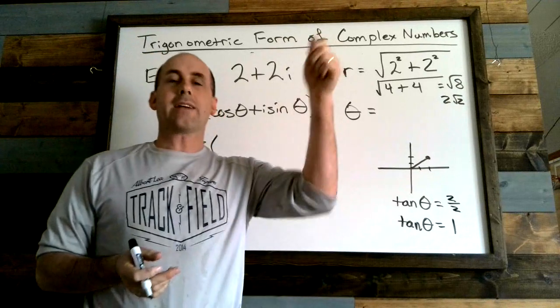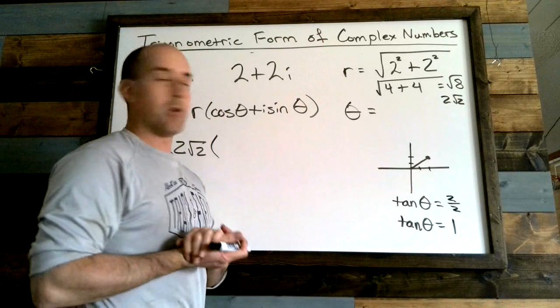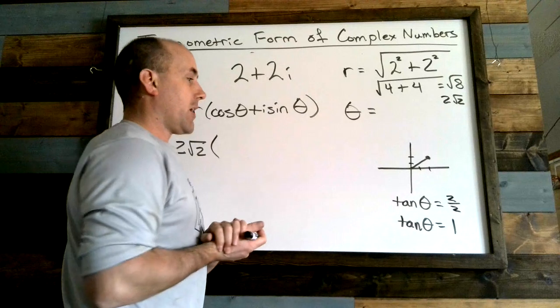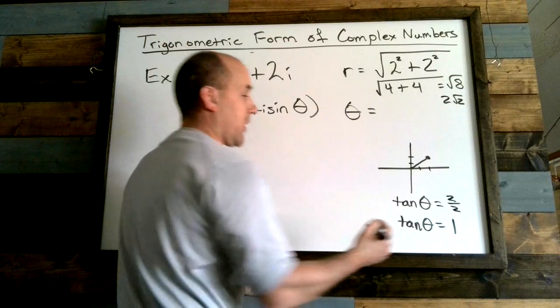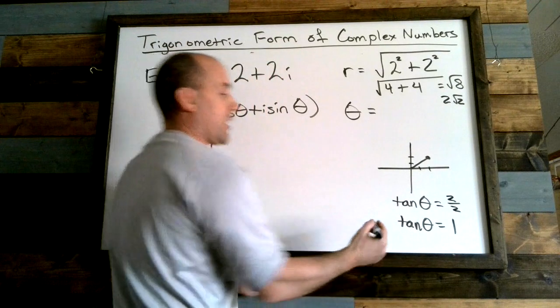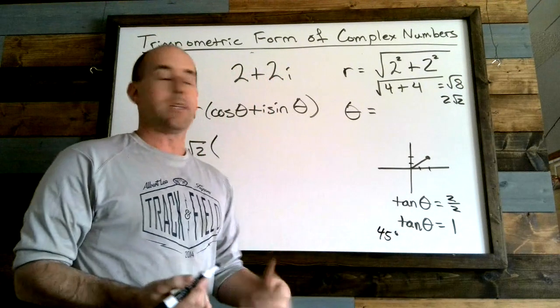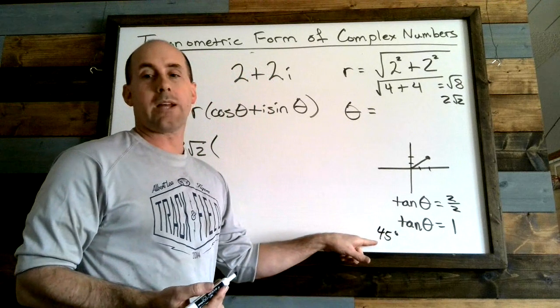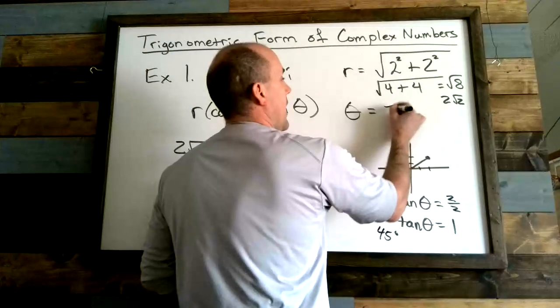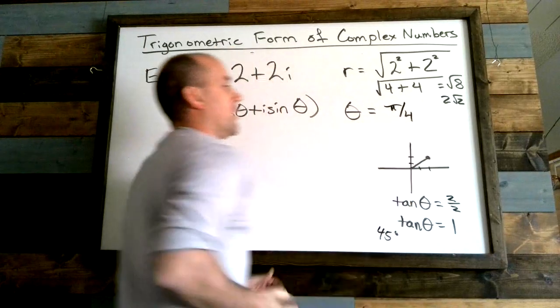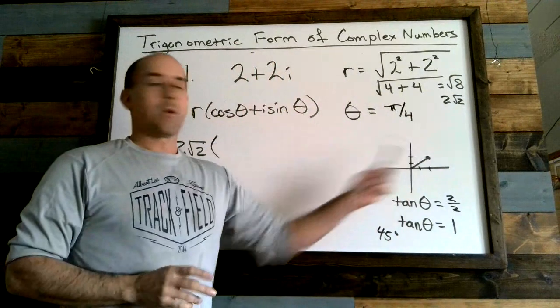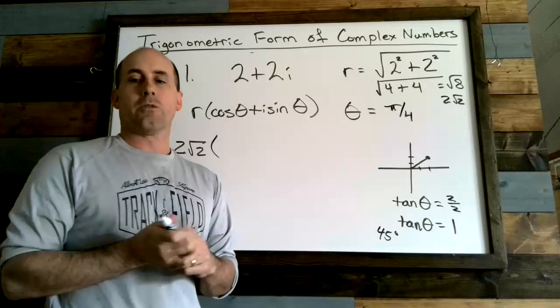Where are both the x and the y values of the terminal point the same? A lot of you remember that if you inverse on your calculator, you get 45 degrees. But we leave our answers in radians. So what is 45 degrees in radians? It is pi divided by 4. That's our angle.